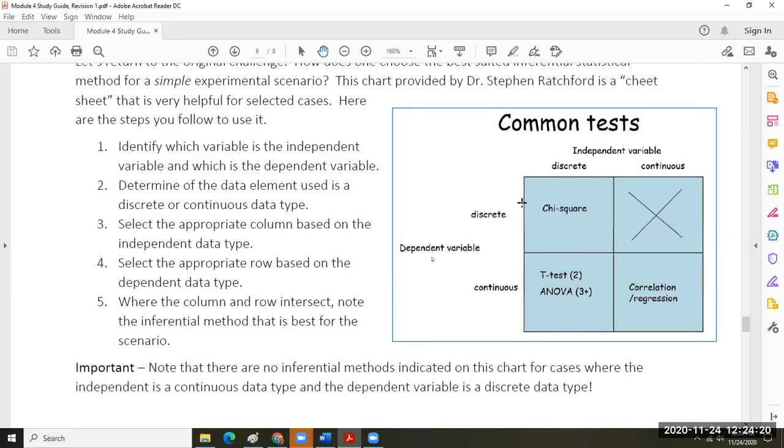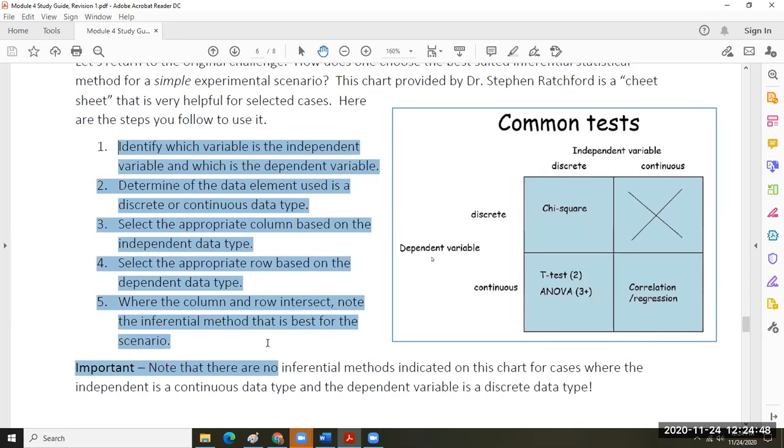Right. So if you're using inferential statistics because you want to determine a relationship between data sets or populations, the thing that I wanted to call out here that wasn't quite so obvious, if you have an independent variable. So I actually outline the steps that you should follow to use this cheat sheet.